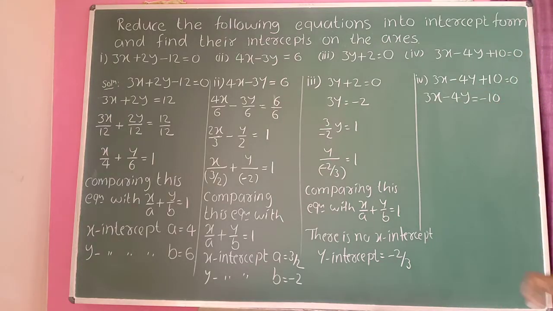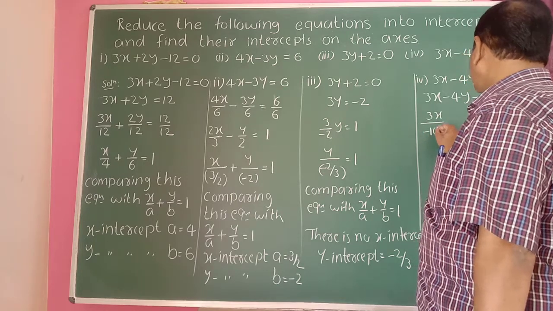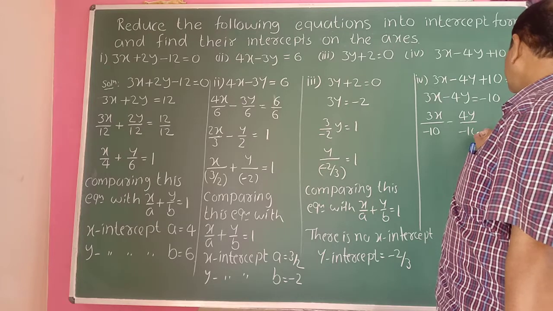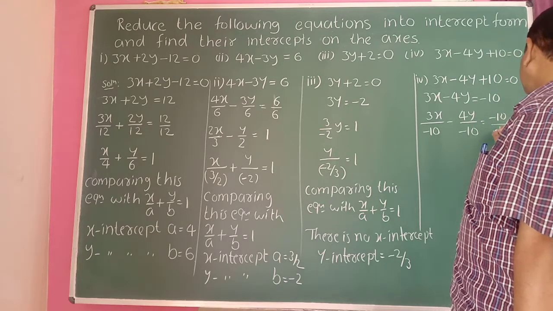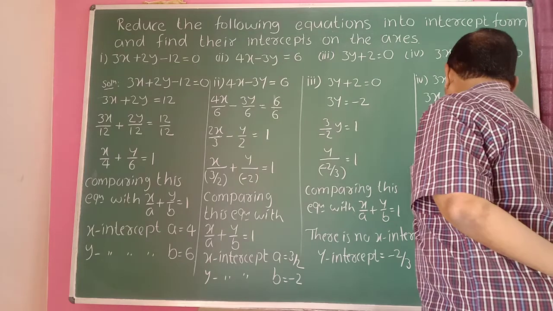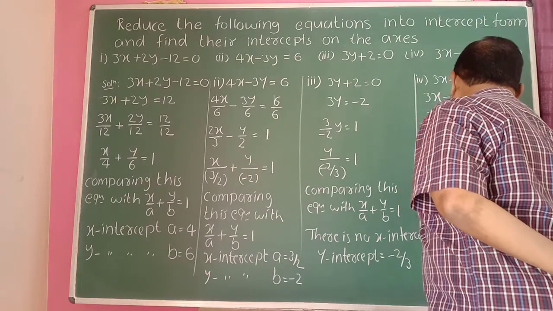Dividing both sides by minus 10, so 3x divided by minus 10 minus 4y divided by minus 10 is equal to minus 10 divided by minus 10. Take this 3 to the denominator. So x divided by minus 10 divided by 3.